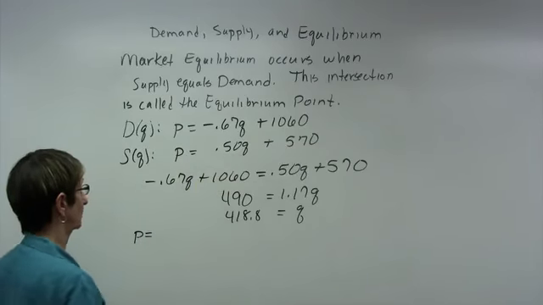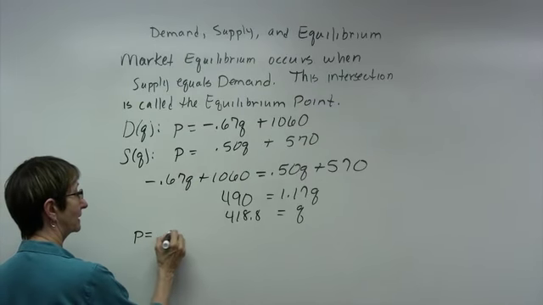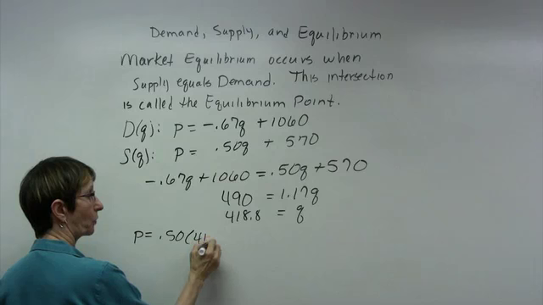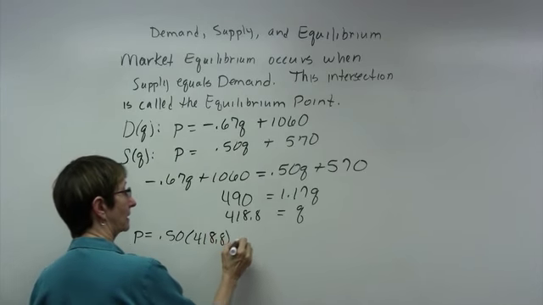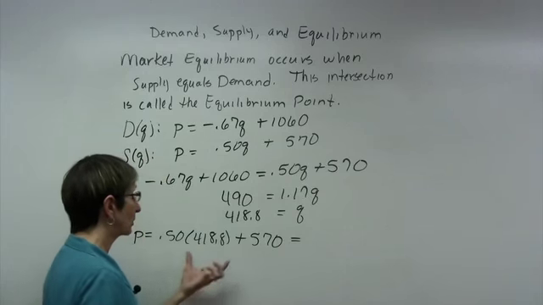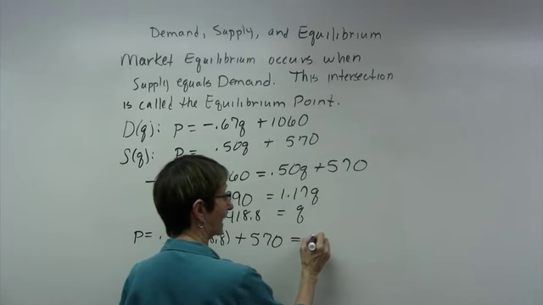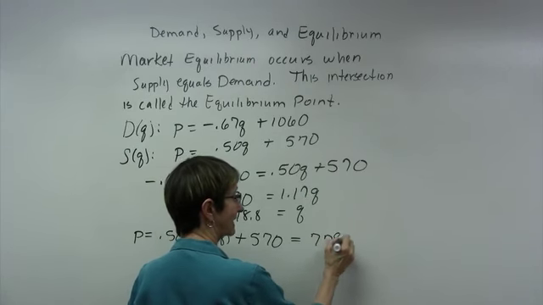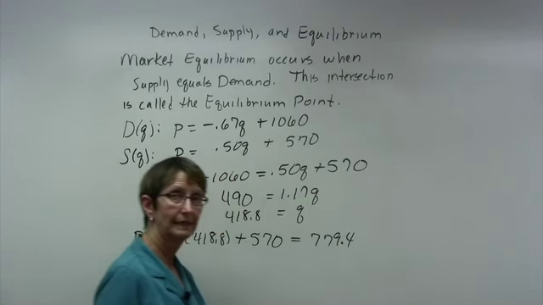Let's look at the second one. P equals 0.50 times 418.8 plus 570. Multiply it out, add it together, I get 779.4.